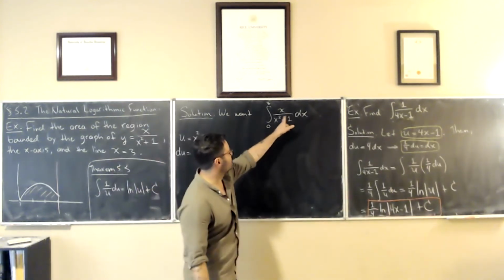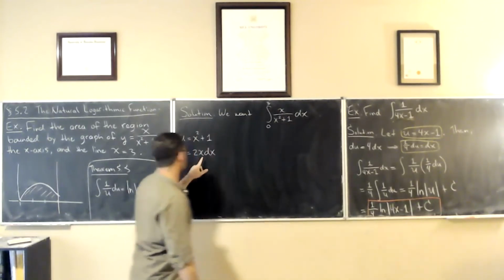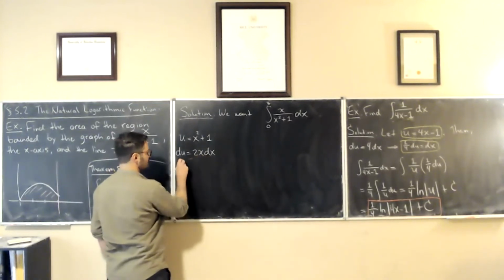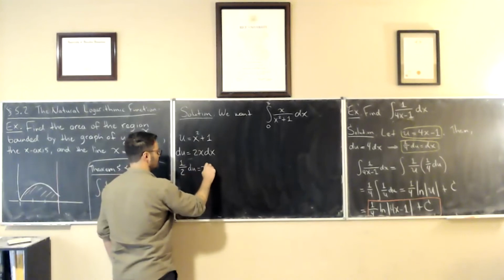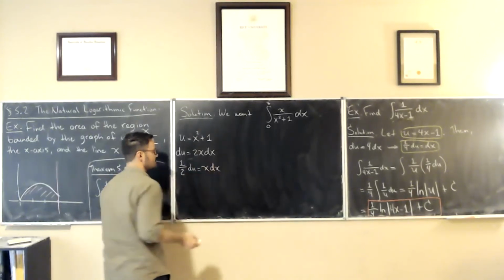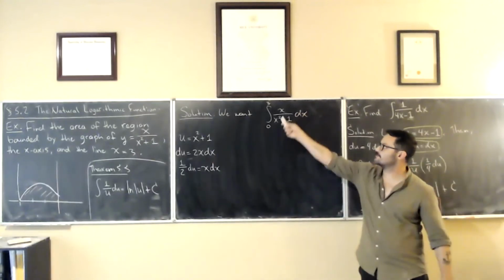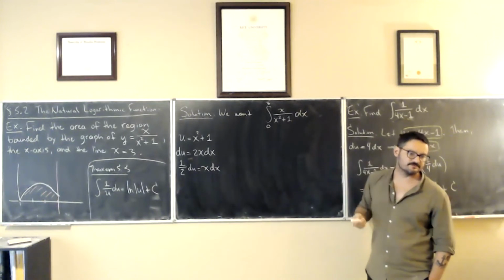See, there's our u in the denominator, and then we have x dx. So if I divide both sides by 2 here, I get that 1/2 of du is equal to x dx. So now I can replace everything in terms of x with u, right?